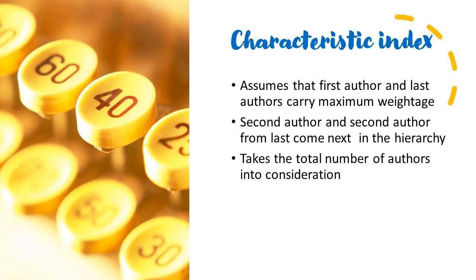So senior author, he is called or she is called senior author. So first author and the senior author, these are the two authors who are going to be receiving the maximum weightage. Similarly, second author from the beginning and second author from the last. Okay? These two authors come next in the hierarchy.